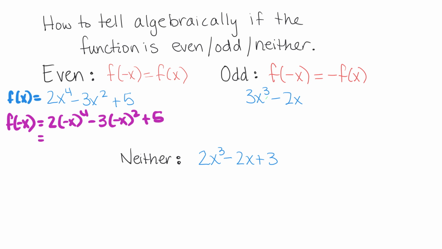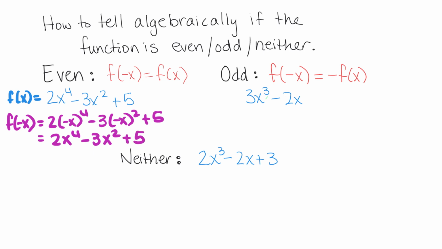Well, negative x to the fourth power would be positive x to the fourth power. So this would be 2x to the fourth power. Negative x to the second power would be positive x to the second power, so minus 3x squared. And then the plus 5 does not change.